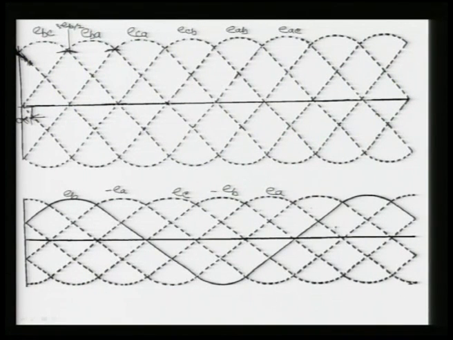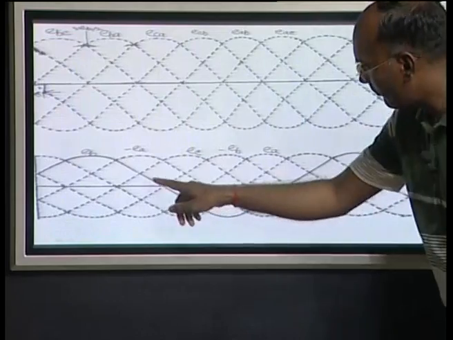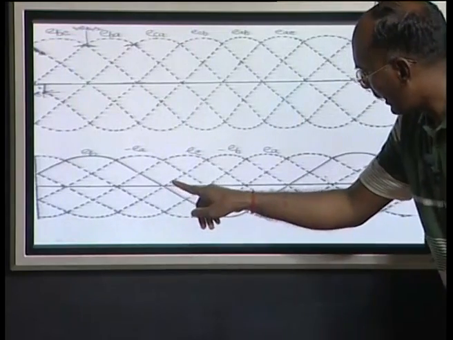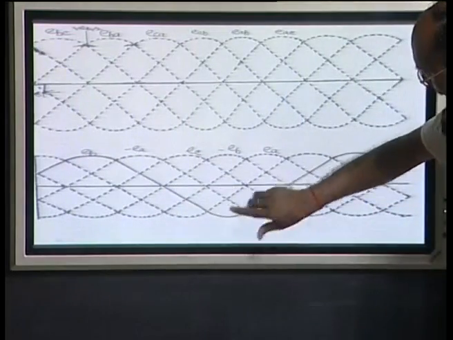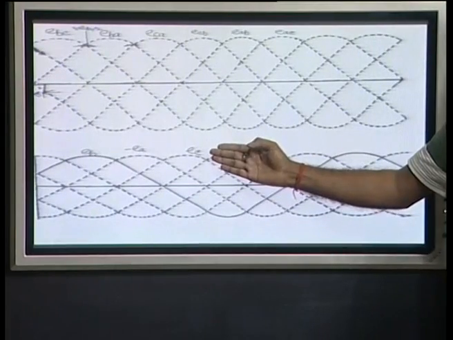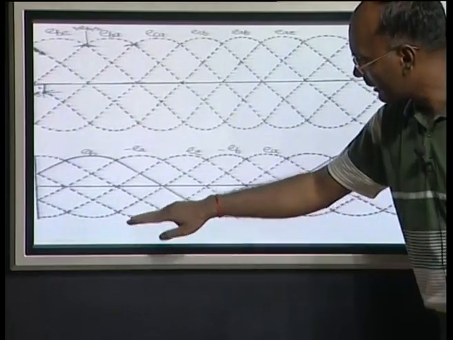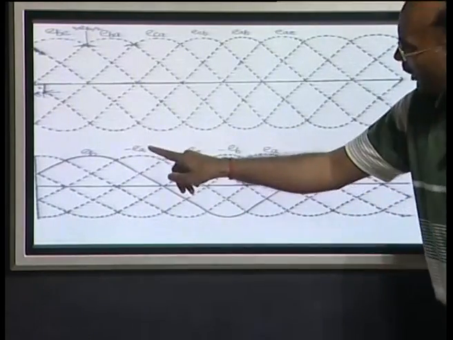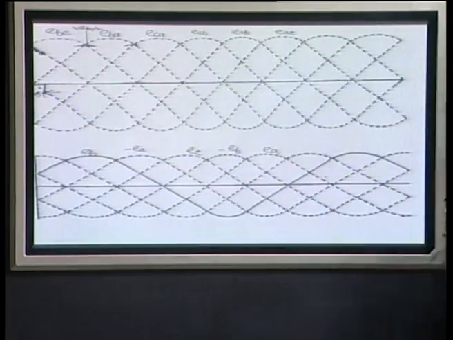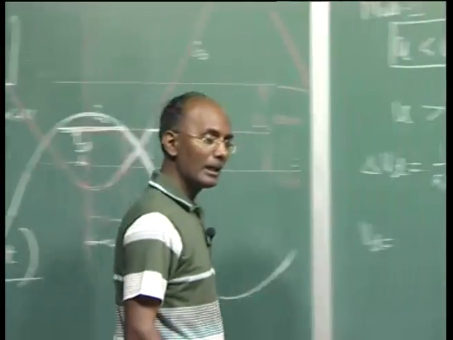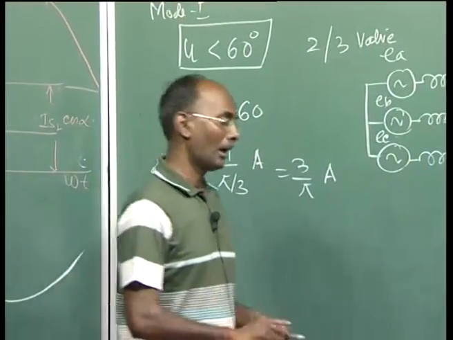Because it is very clear, you can see this was your EB, and the reverse of this is minus EB. Here it was your EA, and the reverse of this is your minus EA. Now, you will see here it will be 1.5 EA, but with the negative. And another way you can see there is some similarity on the line to line voltage as well.